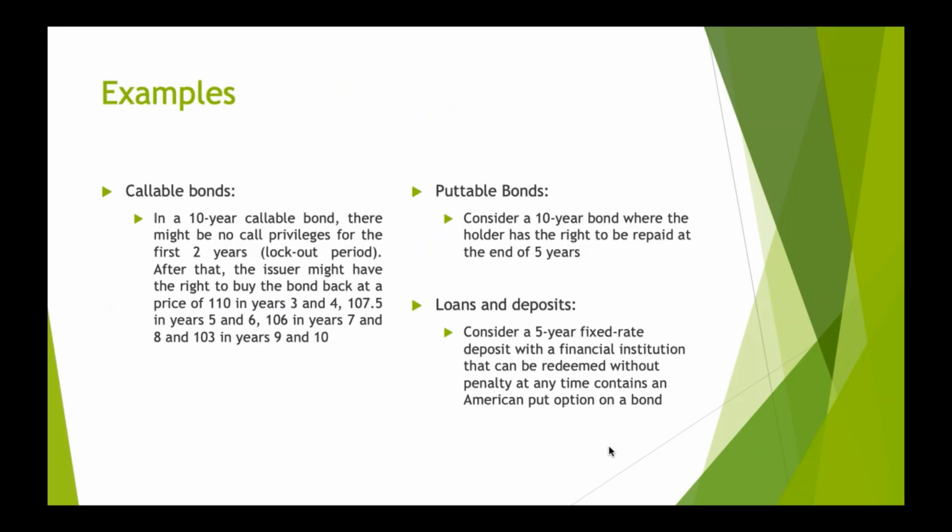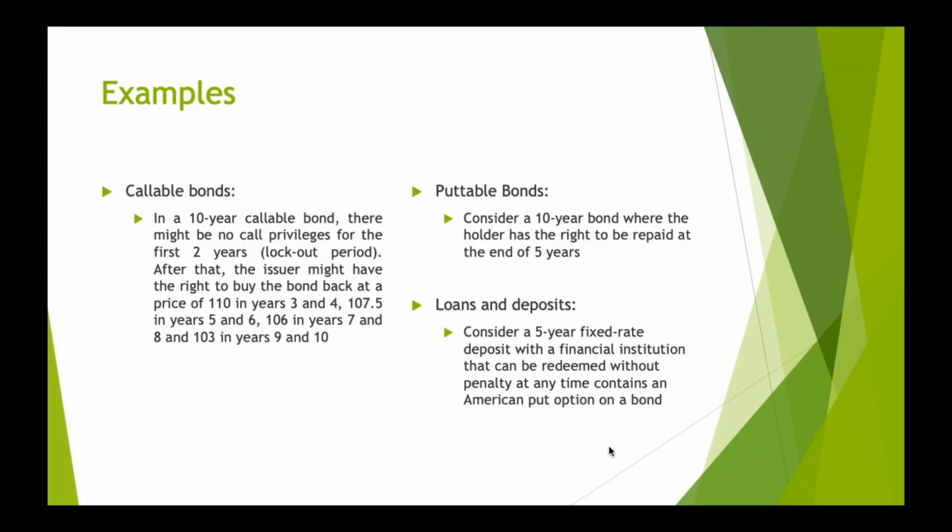Here we can see some examples of each of the three types of embedded bond options to understand them better. In the case of callable bonds, in a 10-year callable bond, there might be no call privilege for the first 2 years.